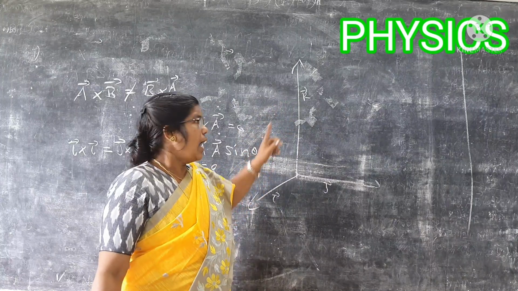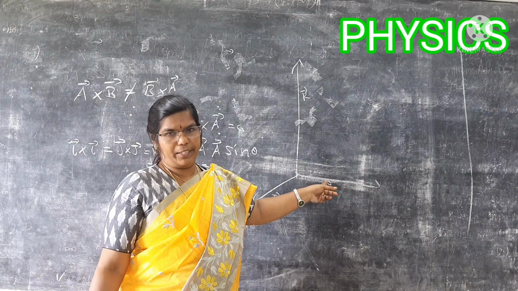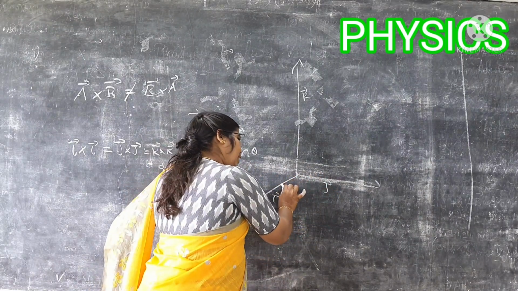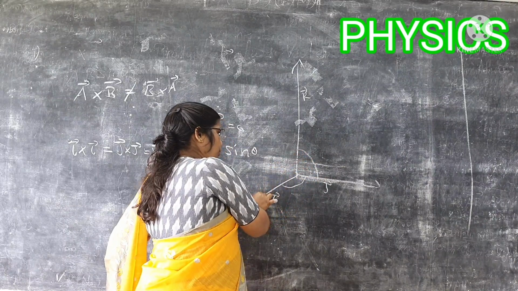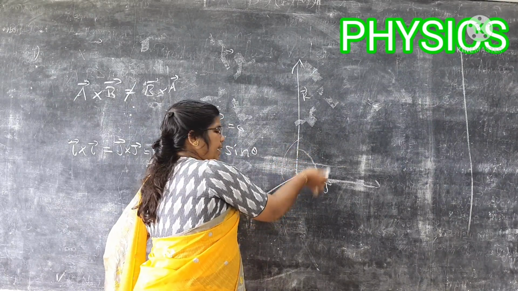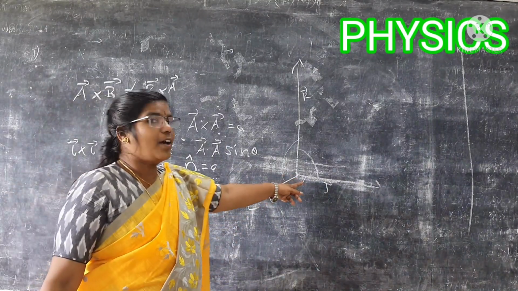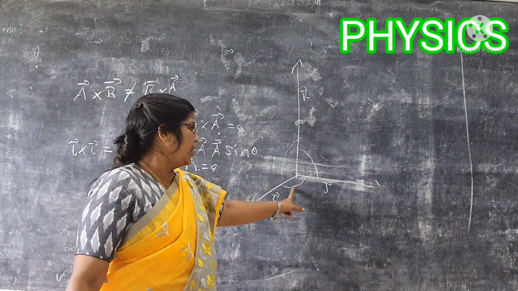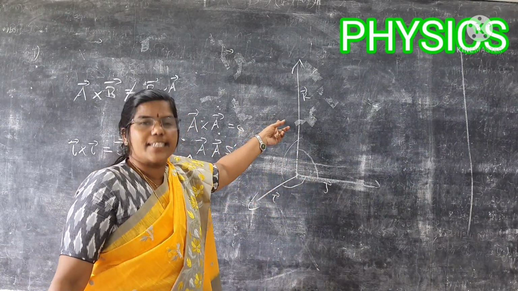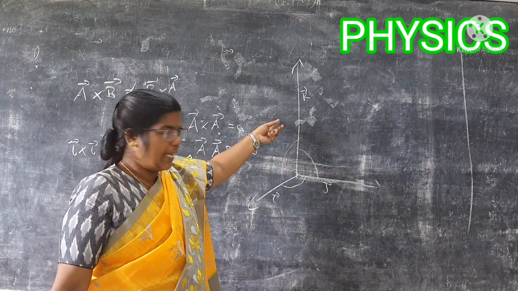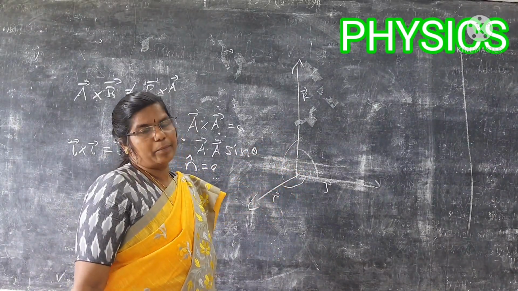It will be like this. I cross J equals K, J cross K equals I and K cross I equals J. So what will be J cross I in the reverse order? I cross J is K, J cross I equals minus K. Okay. Likewise, K cross J equals minus I.